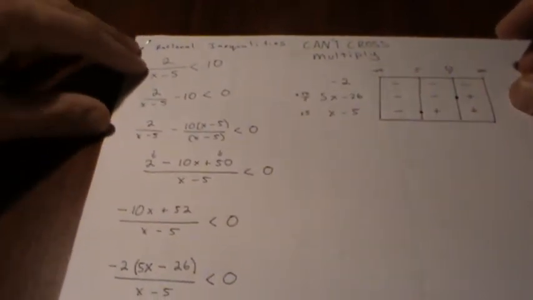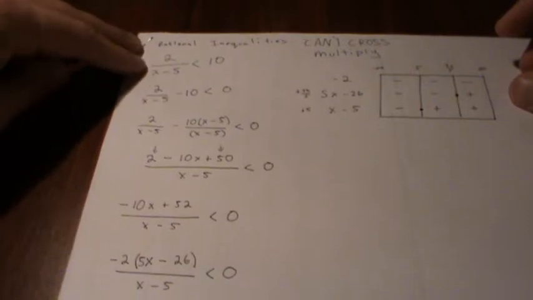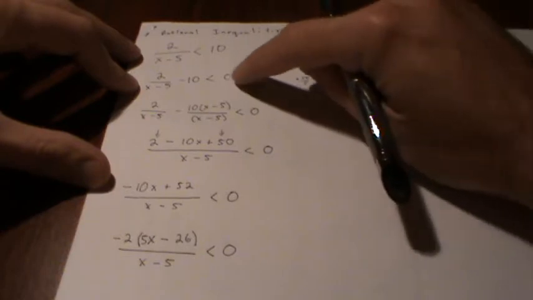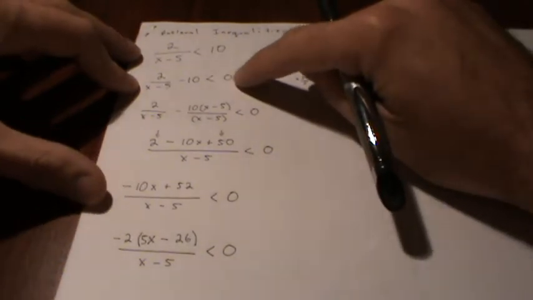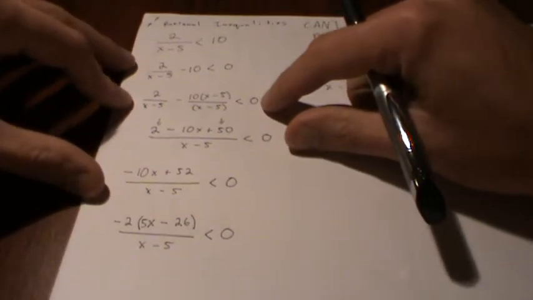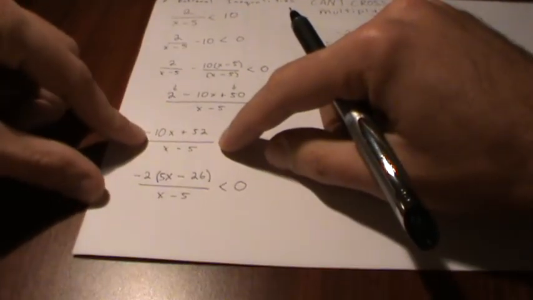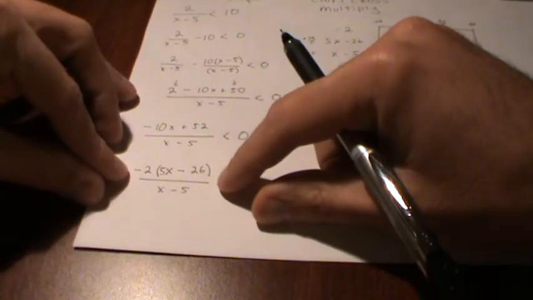Again, from the top: I take my original inequality and set it less than 0, get a common denominator, combine like terms, and then factor it.